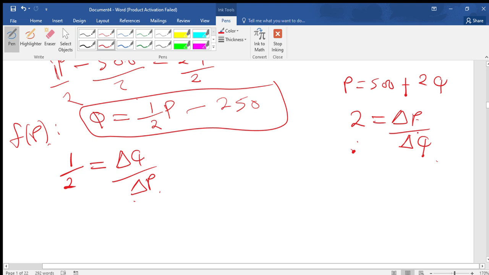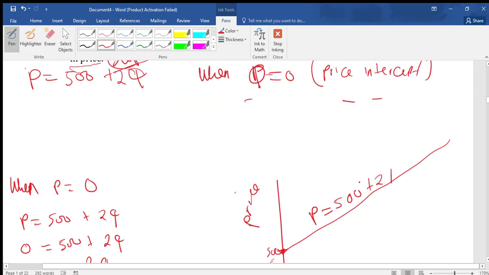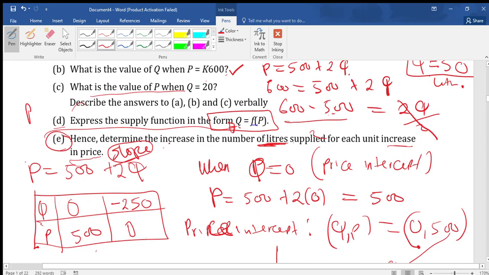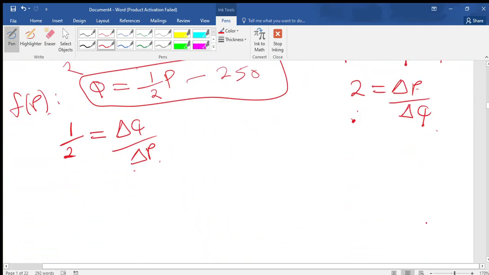Let's go back to the question. Determine the increase in the number of liters, meaning Q, for each unit increase in price. So price has increased by 1. What will be the change in quantity? Either of these two will work. So change in P is equal to 1.